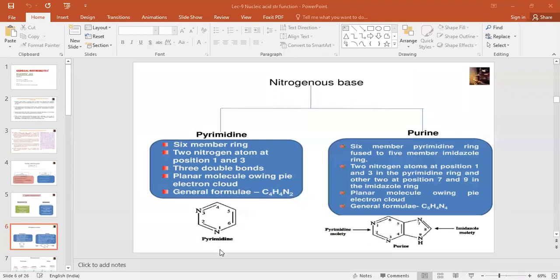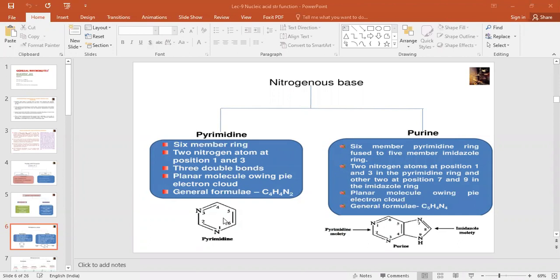Now concentrate here. See the structure of pyrimidine. Remember this. Here, in the numbering system, you can see 1, 2, 3, 4, 5, 6. The numbering is given from the nitrogen which is present at the base, and the numbering is given in a clockwise manner.